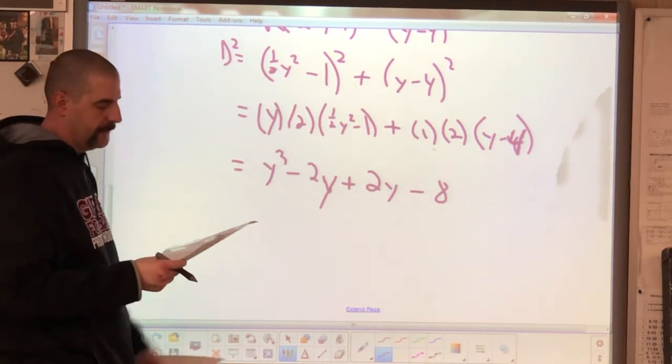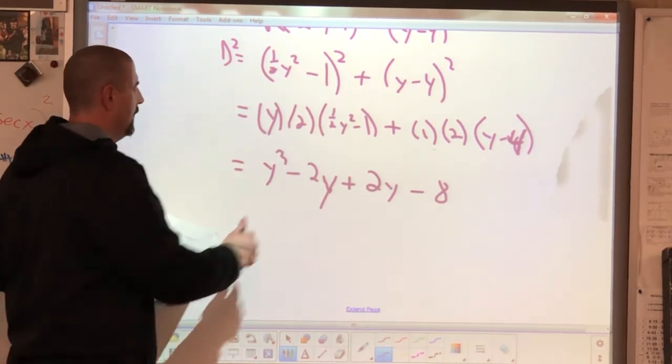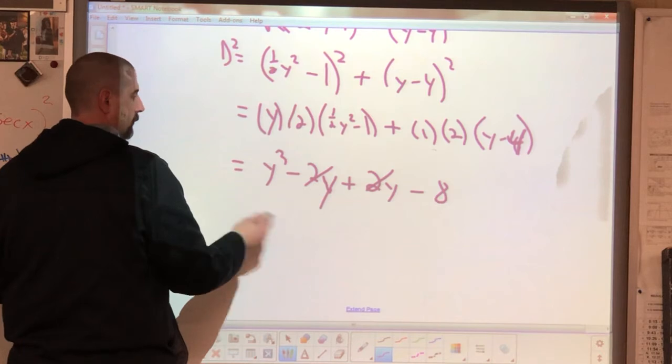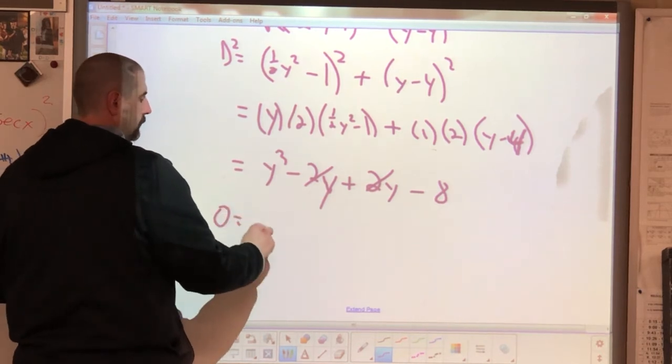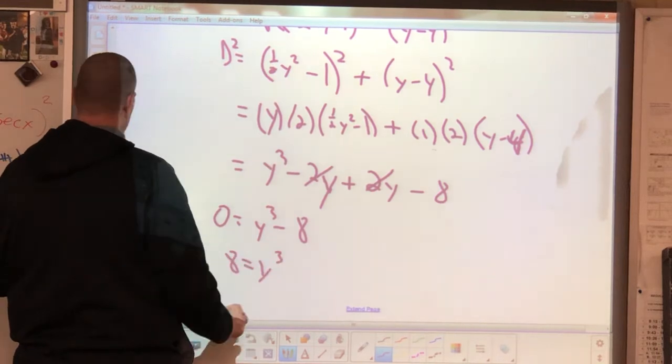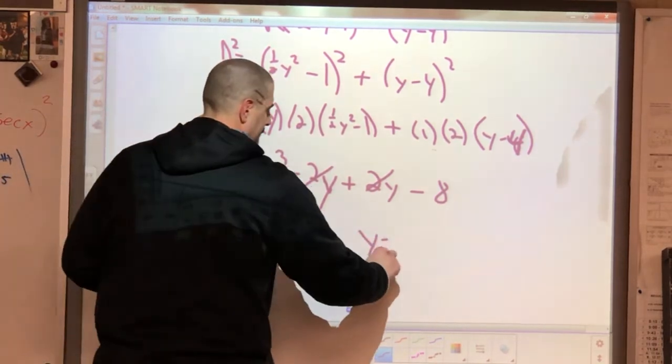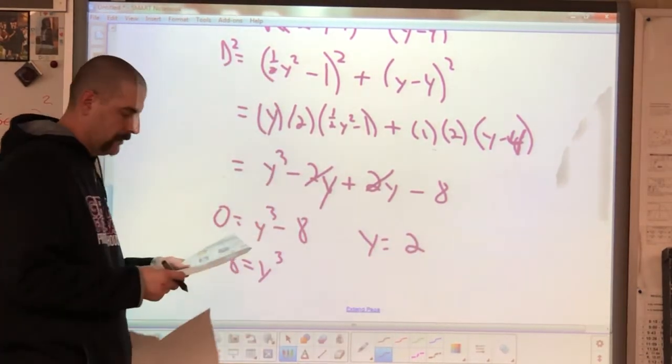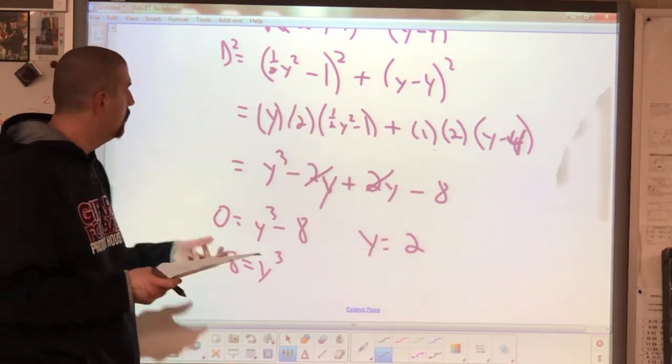That can be factored by setting that equal to 0. So you get y cubed minus 8 equals 0, so y cubed equals 8. So y equals 2. Again, you get y is 2.